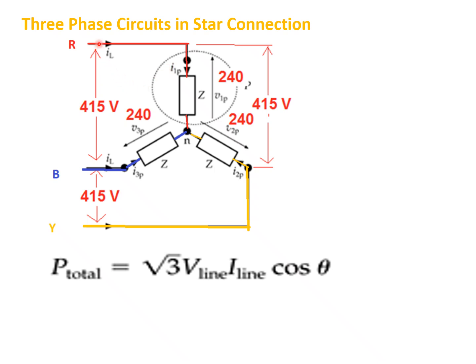If the voltage difference between two lines, say red and blue, is 415 volts, the load will get 240 volts, and power is root 3 V line, I line, cos theta. V line means this 415 volts, I line means the current which will flow like this, and cos theta is the power factor.